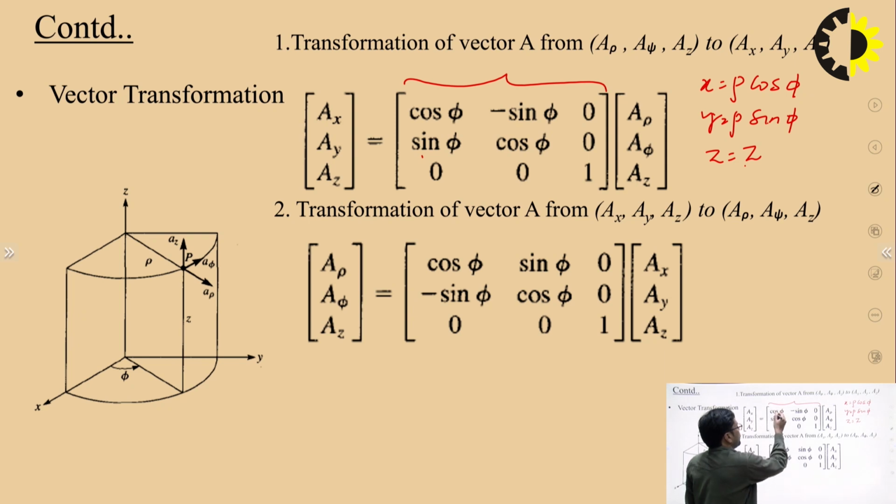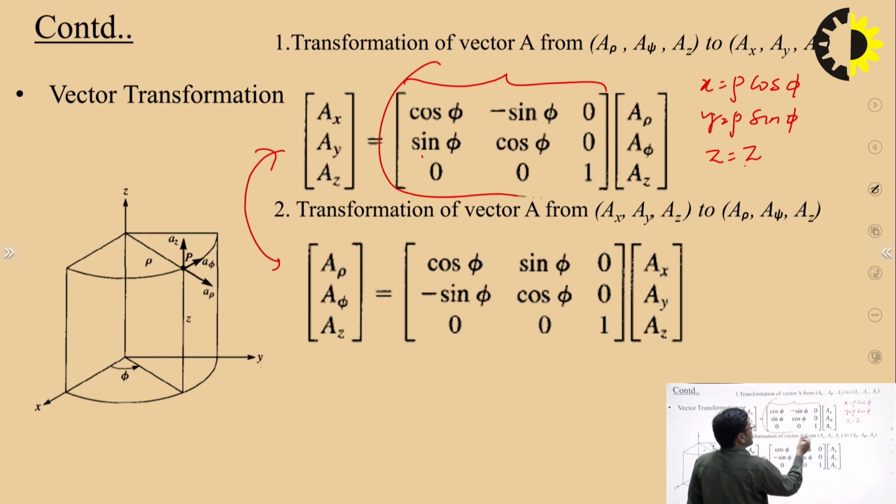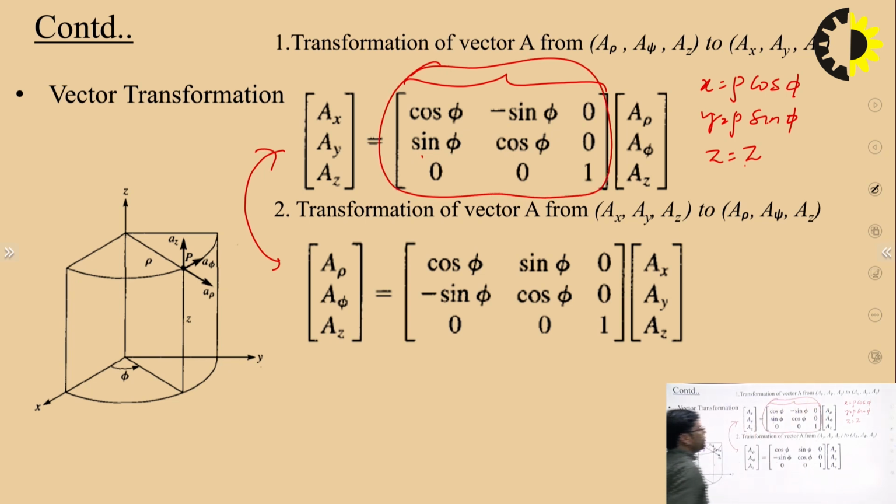You can see this column converts into a row: cos phi, sin phi, 0, minus sin phi, cos phi, 0, 0, 0, 1. That is the way you can remember the transformation matrix, right? Without using this transformation matrix, you cannot convert the vector from the cylindrical coordinate system into the Cartesian and vice versa.